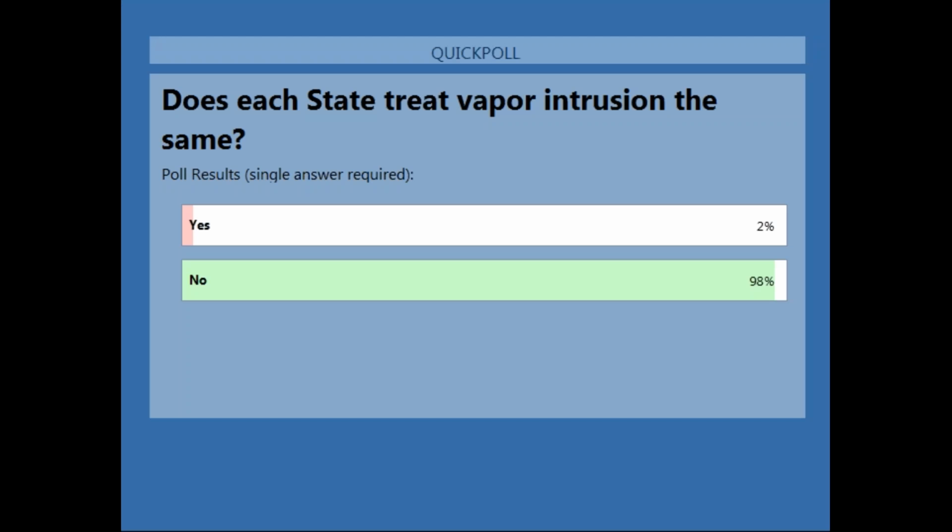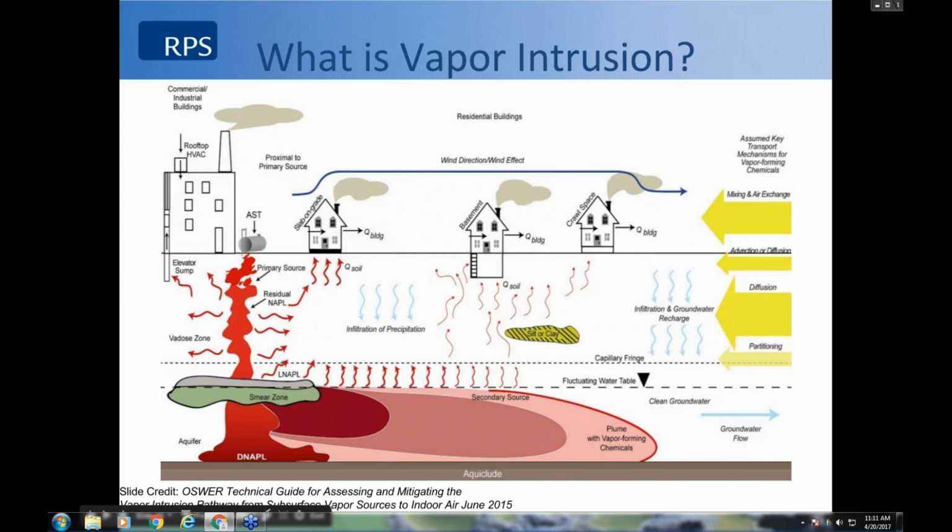All right, so I like to start talking about vapor intrusion by showing this really, really complicated looking schematic. But it is really nice though, because it shows all the different potential issues you might have with vapor intrusion. And so by the end of this presentation, I hope you can look at it and have a better idea of what we're talking about and be able to look at this and have some understanding.